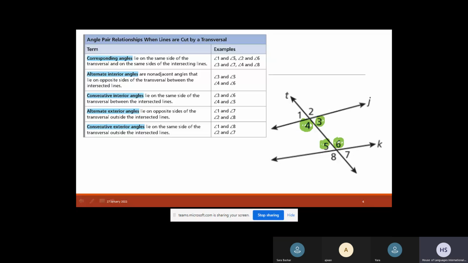But I want them to be on the opposite side too. Which angles are on the opposite side? 4 and what? And 6. One to the right and one to the left. 3 and what? 3 and 4. Yeah, we can say that. But later on, we're going to talk about their theorem that they are equal. But 3 and 4, they are not equal.